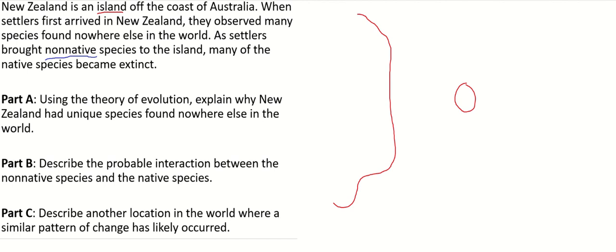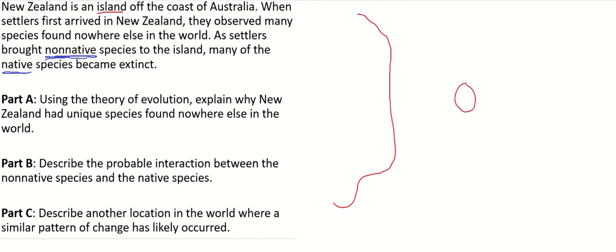Many of the native species became extinct, and that's because non-native or invasive species often have no natural predators. They'll compete for the same resources better, oftentimes, and so the native species that were there before these non-native species were brought in will often suffer.